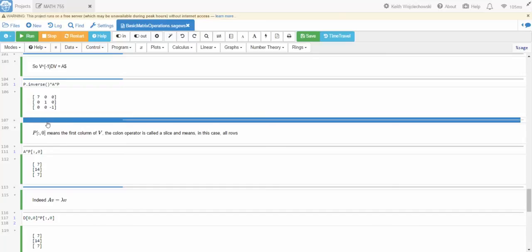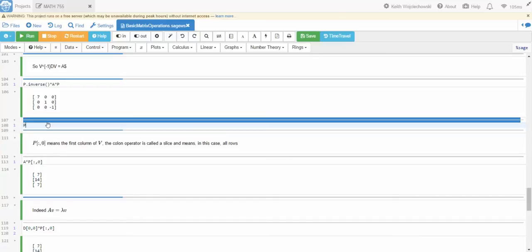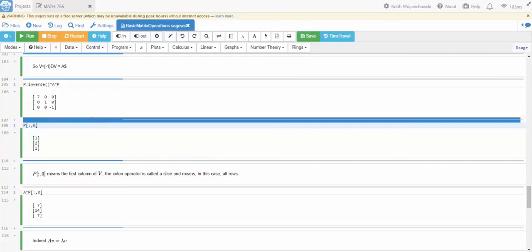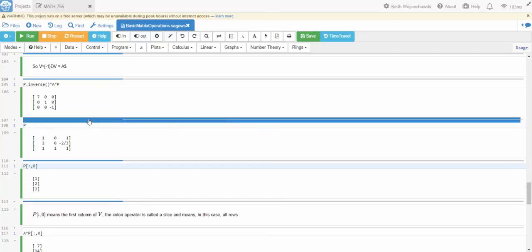Now, P with a colon like this is called a slice operator. That gives me the first column. The slice means give me all of the row numbers, and 0 is the first column of the matrix P. So let me put P up here for you so you can see that.